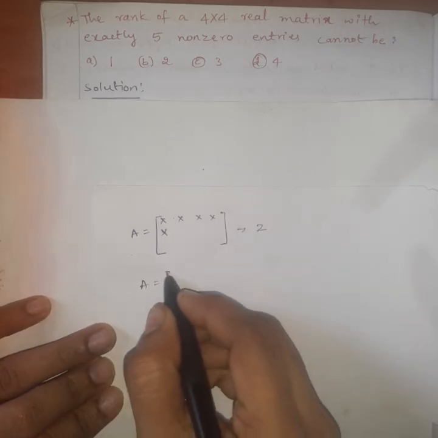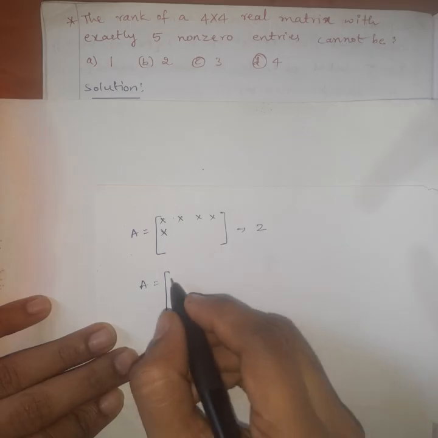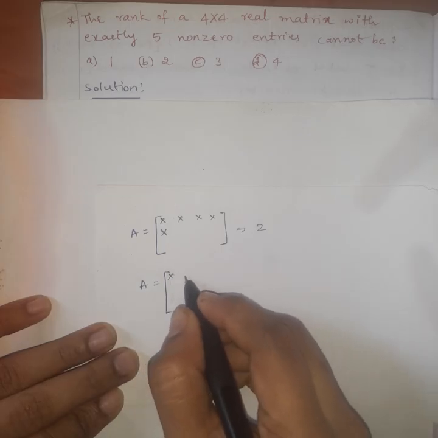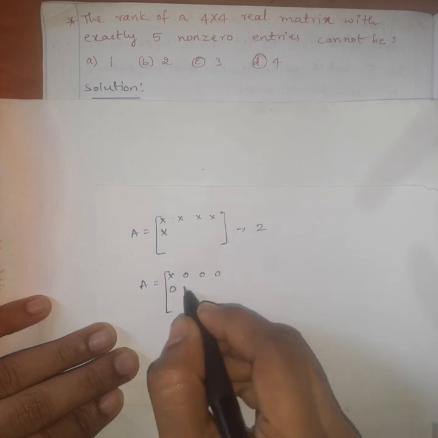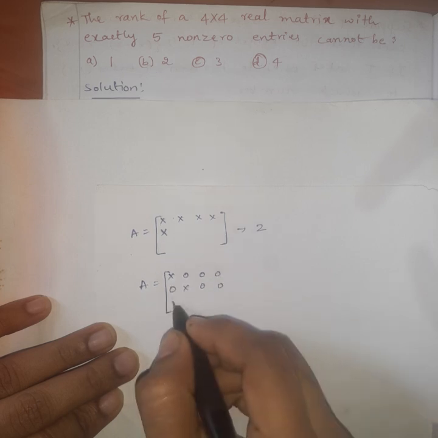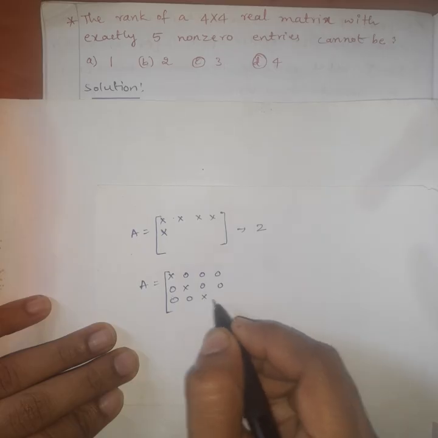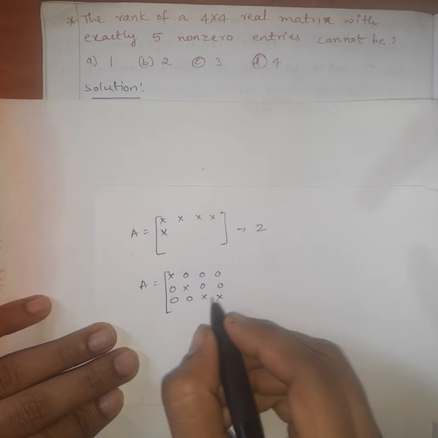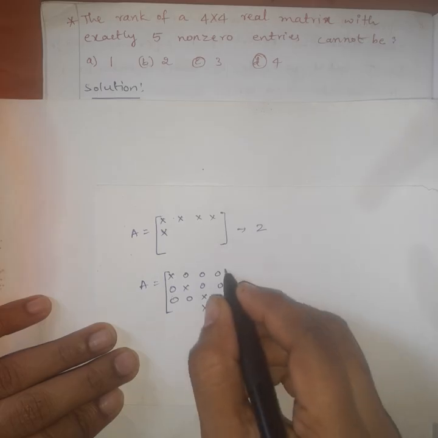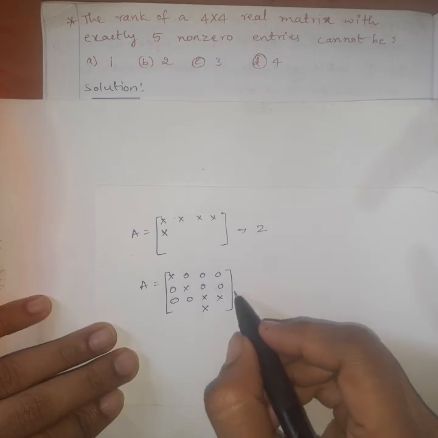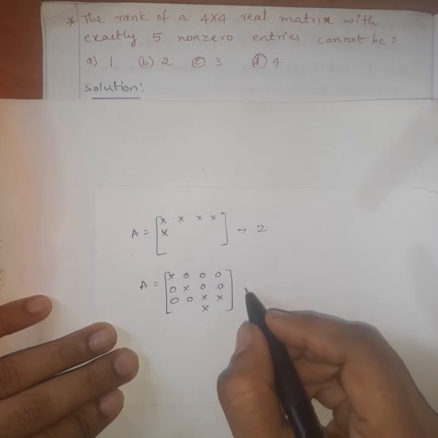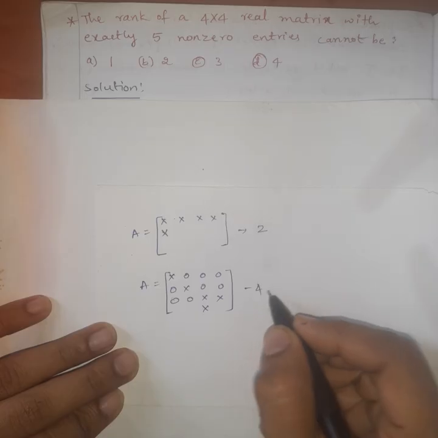Suppose the 4 by 4 matrix with 5 non-zero entries is 0 0 0, and here it is 0, here it is 0, here it is... suppose it is like this, then its rank will be 4.